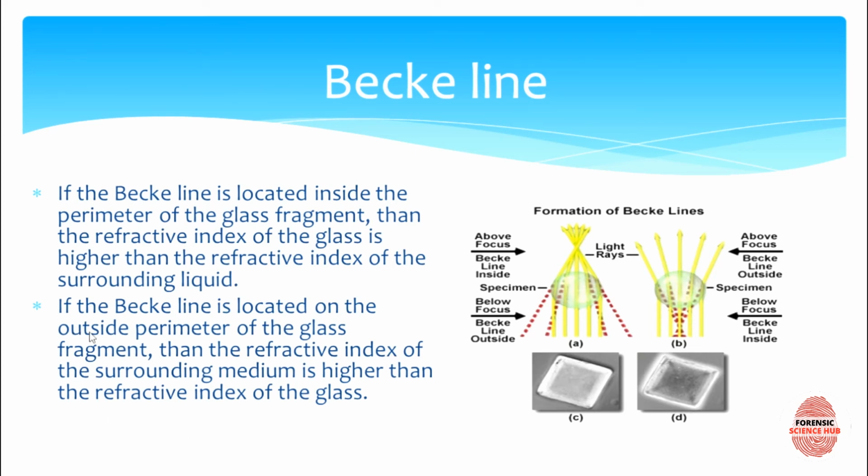If it is located on the outside perimeter of the glass, then the refractive index of the medium is more than that of the glass. This way we can determine whether the glass has a refractive index more than that of the liquid or not, because we know the refractive index of the liquid. So it gives us an idea.